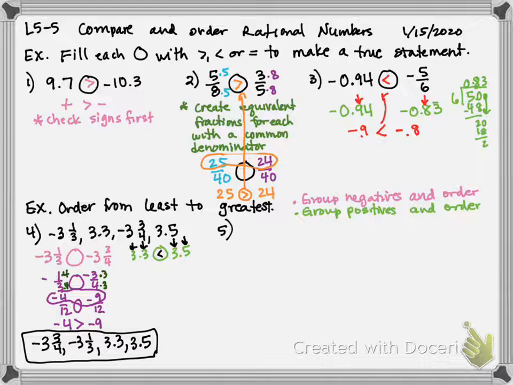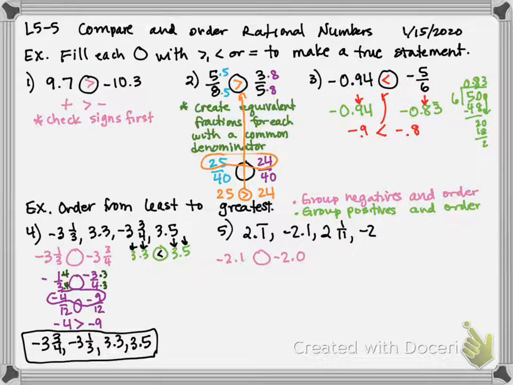We've got 2.1 repeating, negative 2.1, 2 1/11, and negative 2. Okay, so let's do the negatives. This one's actually not too bad with the negatives this time. So we've got negative 2.1, and we want to compare it to negative 2. So what I'm going to do is give it also a value in the tenths column so I can do the comparison.